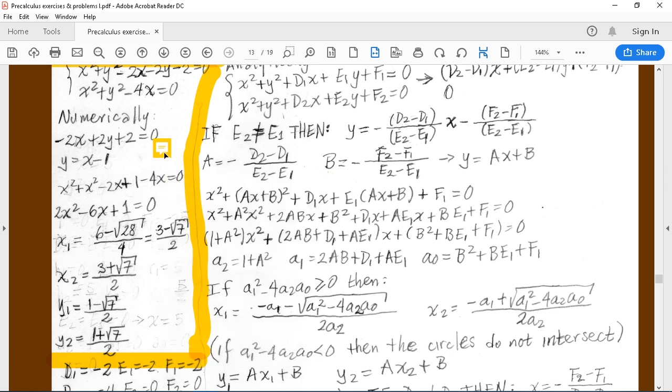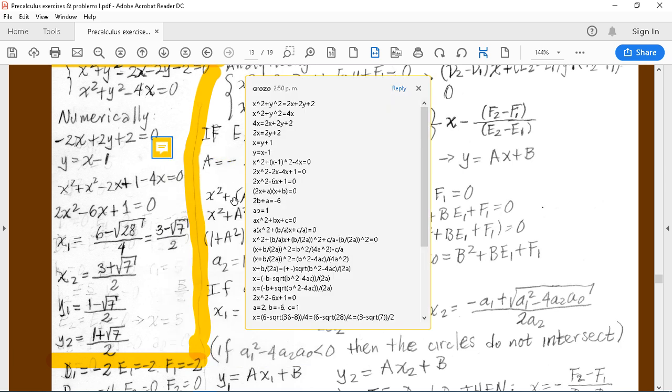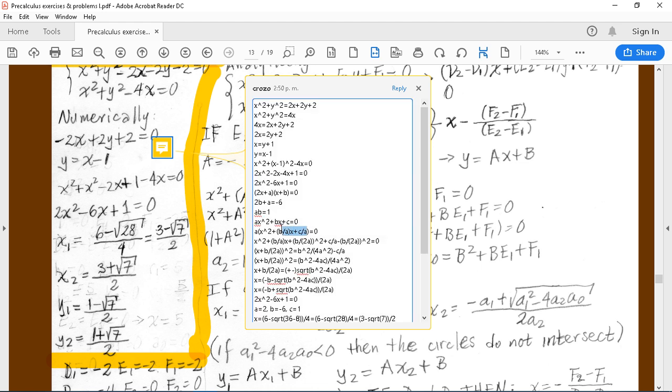This is a quadratic expression in the form ax squared plus bx plus c. To solve that, we first have to factor out the a and divide by the a, so we have x squared plus b over a x plus c over a.